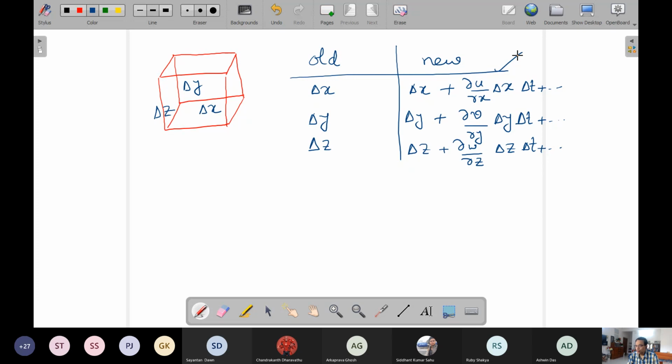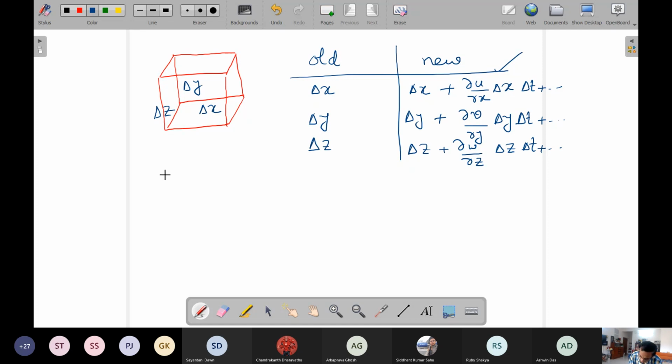Therefore, volume deformation is what is important, and purely from geometric considerations, we can understand that any volume deformation is nothing but culmination of the respective linear deformations.